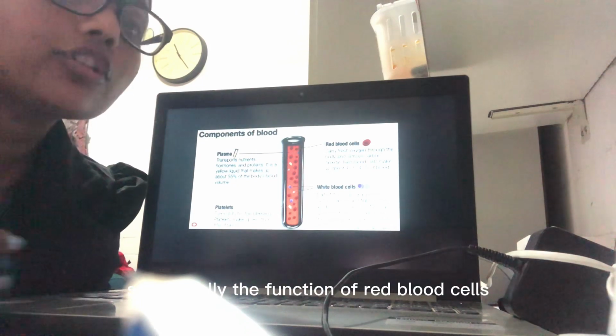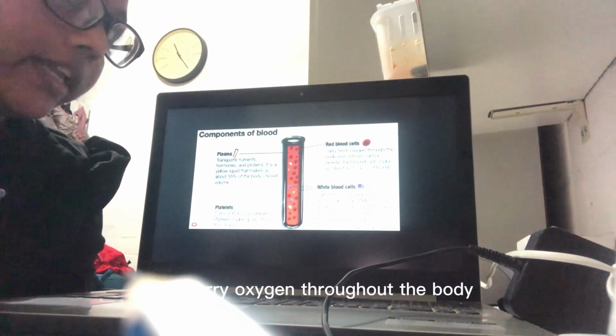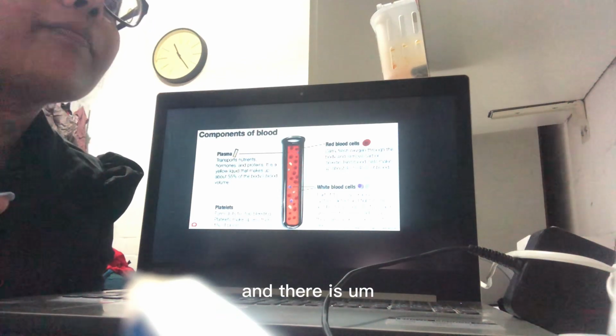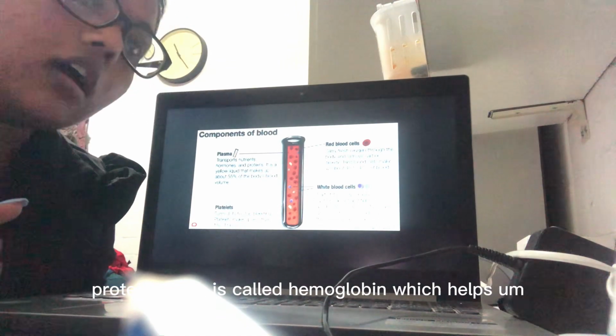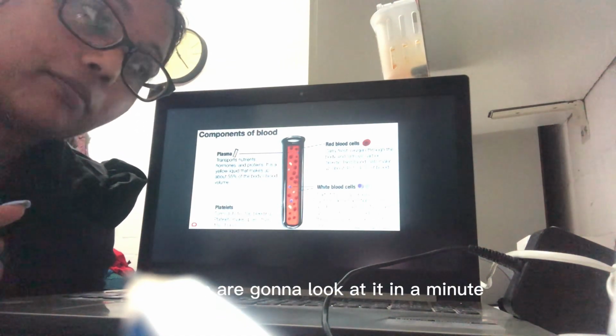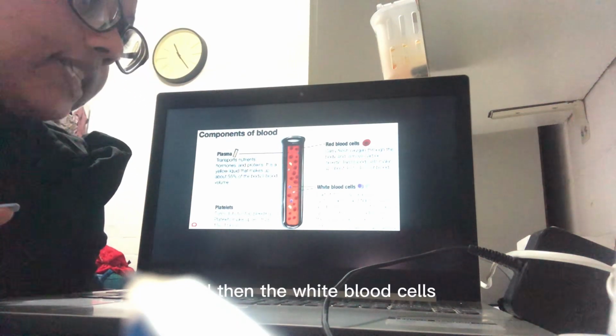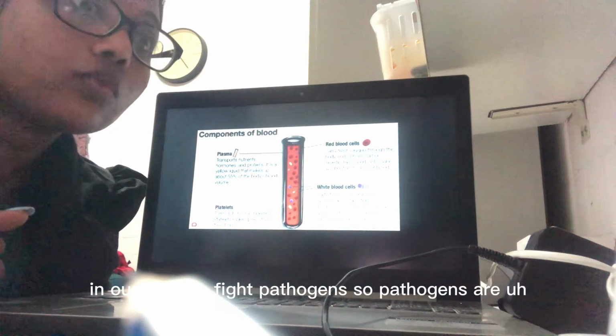So basically the function of red blood cells is to carry oxygen throughout the body, and there is a protein called hemoglobin, which helps the red blood cell to work efficiently, which we are going to look at in a minute. And then the white blood cells are basically our soldiers in our body to fight pathogens.